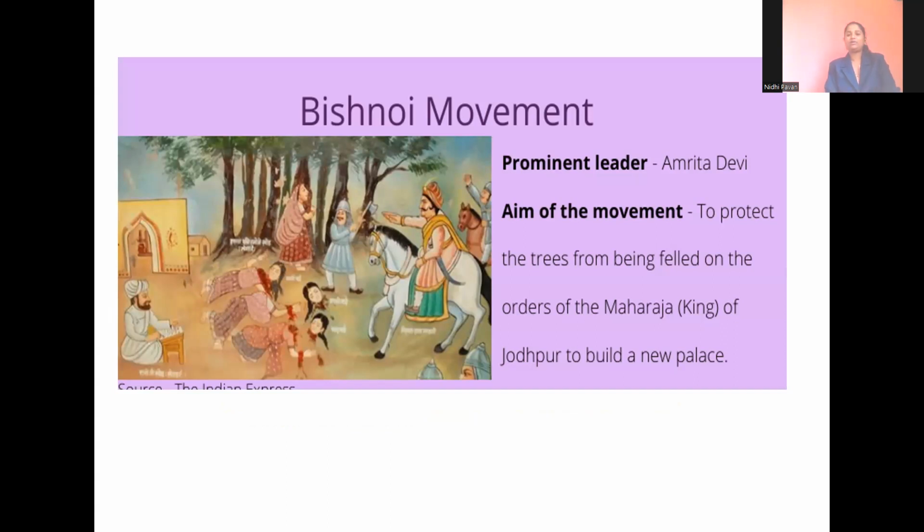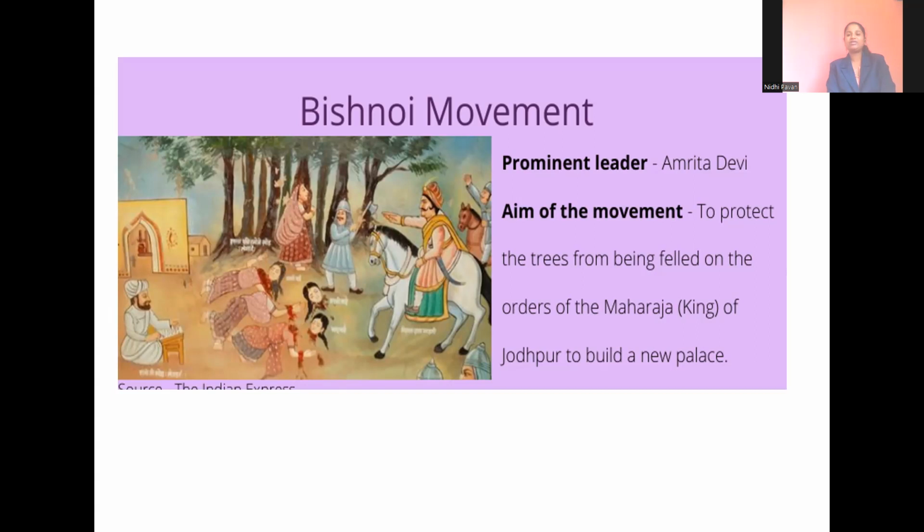It occurred in a very small village near Jodhpur, in Rajasthan. The leader was Amrita Devi, and she was associated with, I think, 363 villagers. She protested against the cutting of the trees, mainly the tree named Khejri, which was regarded as a sacred tree. The people used to worship those trees.